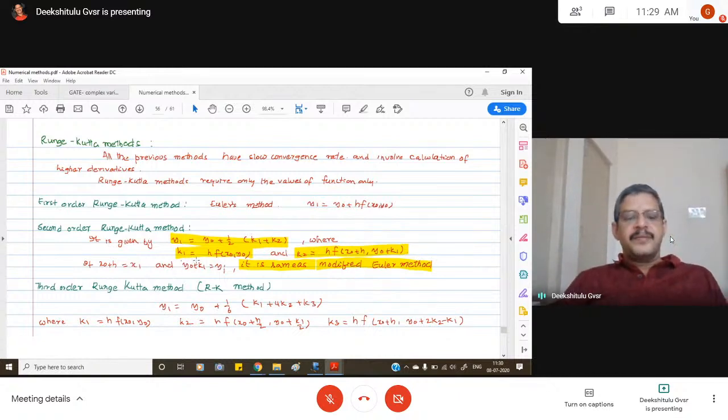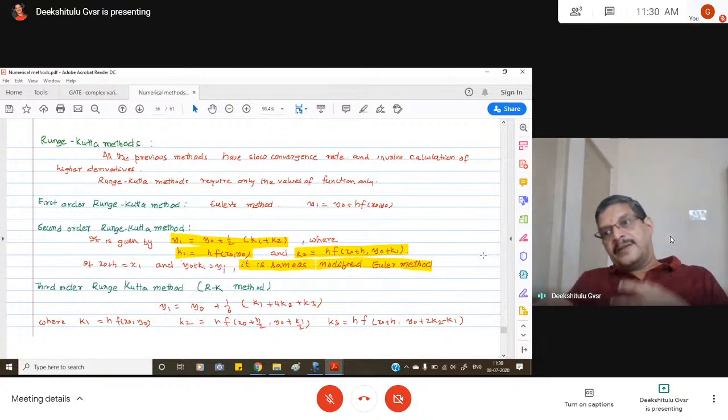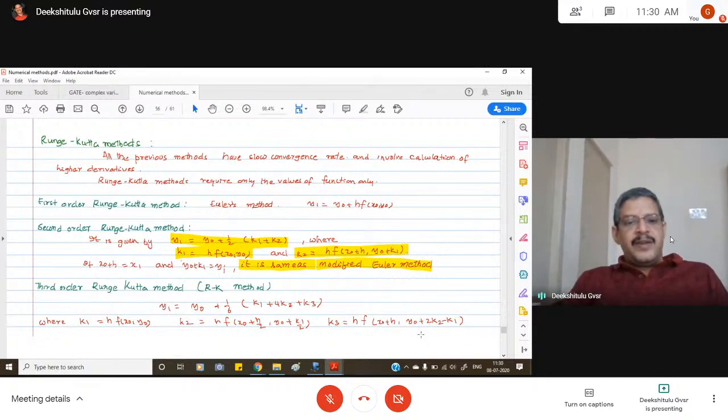Here y1 is equal to y0 plus 1 by 2 times k1 plus k2, where k1 is h into f of x0, y0 and k2 is equal to h into f of x0 plus h, y0 plus k1. See, k1 is used here. Why it gives better results is that it internally calculates the previous values also. See, y1 is in terms of k1 and k2. What is k1? h times f of x0, y0.